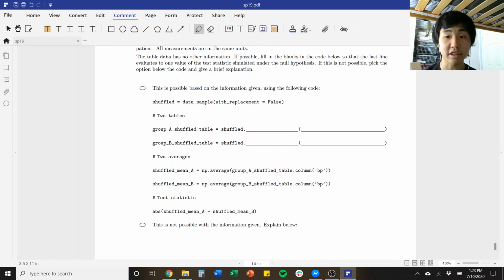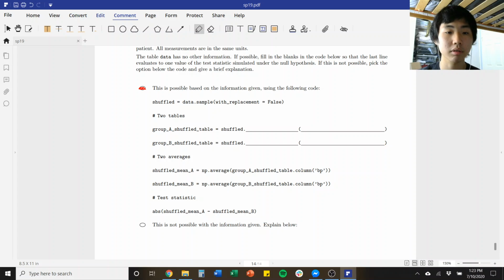And the answer is yes, because under the null, it doesn't matter whether you're in the control or experimental group, because under the null, the blood pressure value should be the same. And that means that if we just take 300 random people out of this table and put them into the treatment group and the other 200 into the control group, then that will give us a correct value of the test statistic. Okay, so our answer is it is possible, and now let's fill in this code.